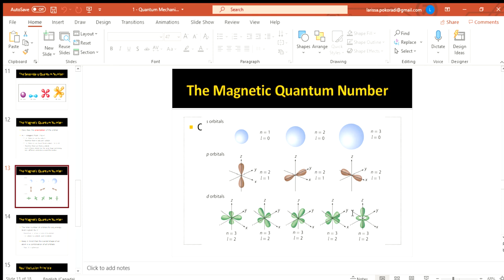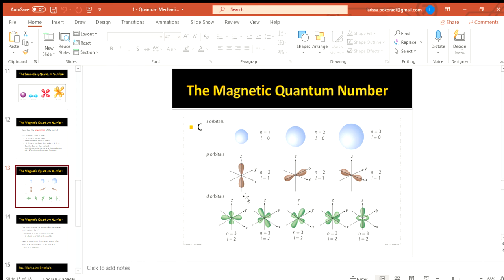So let's take a look. This is kind of a weird diagram to look at on your own, just because it makes you think that there are different ways to orient s. So s, there's only one way to do it because its l value is 0. So if we did that as a range, we only have one value. We're looking at the n here actually. So n equals 1, we've got something that's small, low energy, and as our n value increases, we're going to have larger, higher energy orbitals.